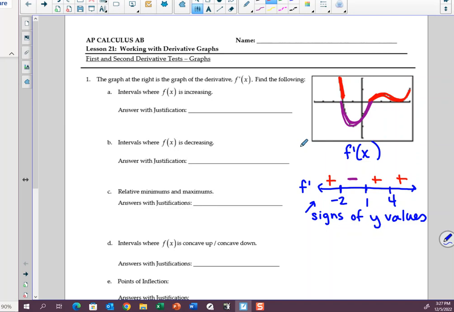Once we interpret the information from the graph correctly, it's just a matter of using the same skills looking at the number line. F is going to be increasing where f prime is positive, and that is going to be from -infinity to -2, from 1 to 4, and from 4 to infinity.